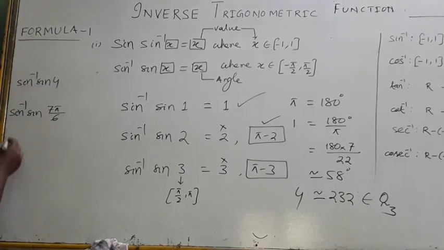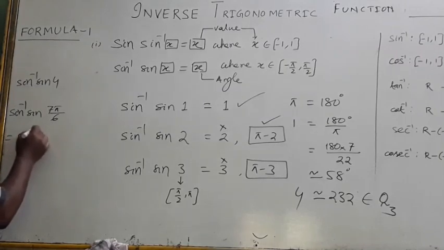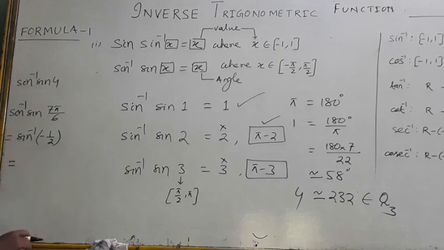210 degree. Now sine inverse sine 7 pi by 6 is minus half, and sine inverse minus half. Which value will give you sine inverse half? It is minus pi by 6. Now tell me how minus pi by 6 will come.